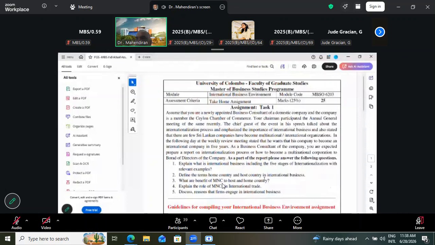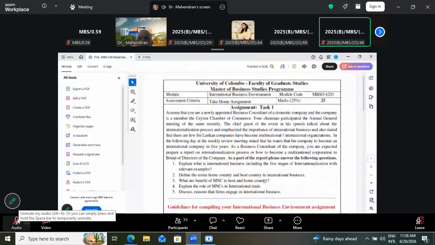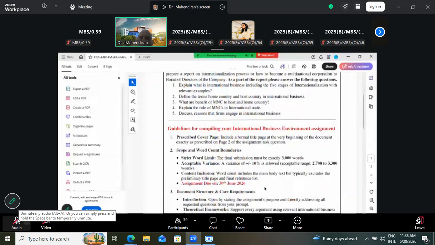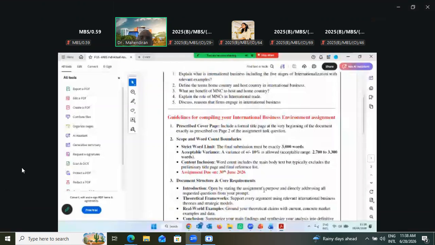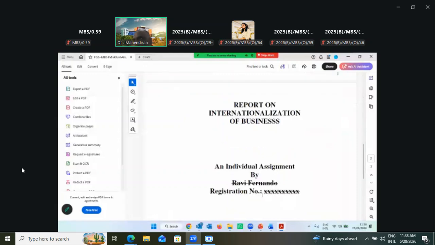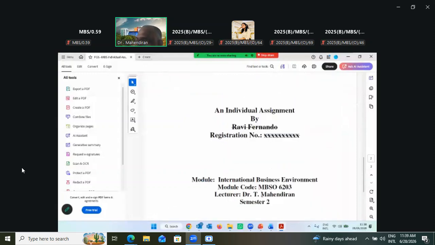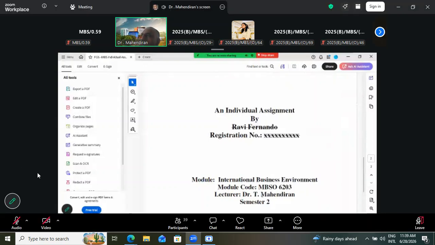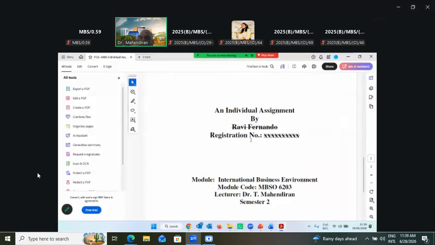In the second part of the document, the guidelines for compiling this, the prescribed cover page, I have given on page 2. You can see that. Report on internationalization of business. Individualize it. Don't put Ravi Fernando. Few students in the past, even not at your MBA level, put it without changing. That's why I cut it there. Because your name you have to put.